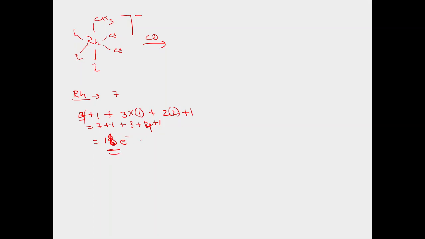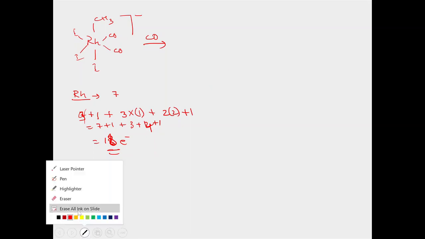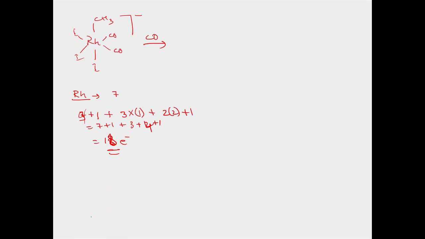So in this case, first migratory insertion will take place, which will reduce its coordination number and number of valence electrons both, and then this CO will come. Let's write this CO in another color.